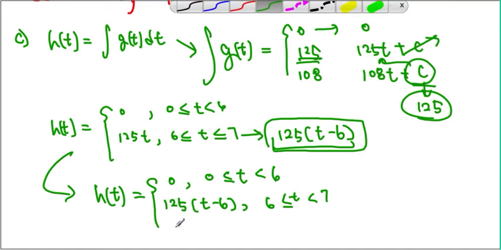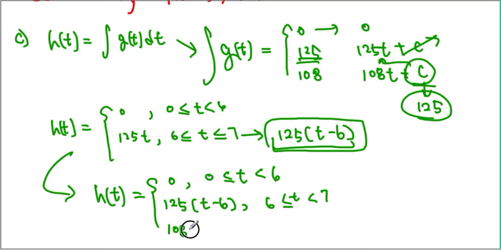And the last portion becomes 108 times t minus 7, because this will go starting from the 7th hour and up, plus 125 for t from 7 through 9. That becomes our final answer.